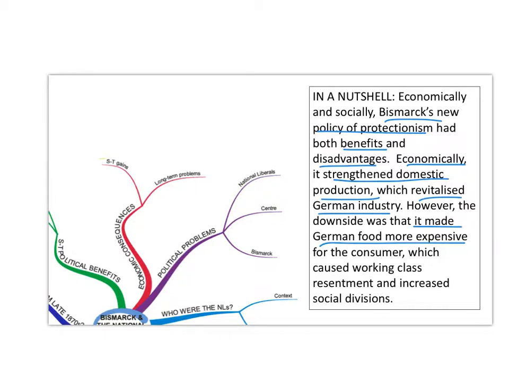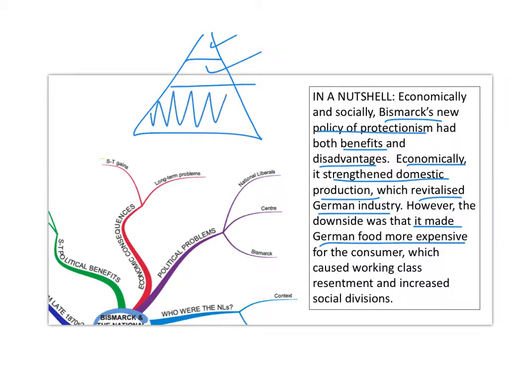What does that mean? It means that the people at the bottom of the pyramid, can we think of that? So protectionism has absolutely helped the upper classes, and it has helped the middle classes because they are the producers of food, but the vast majority of Germans, the lower classes, are the consumers of food, and food is more expensive. So that's going to cause greater resentment.